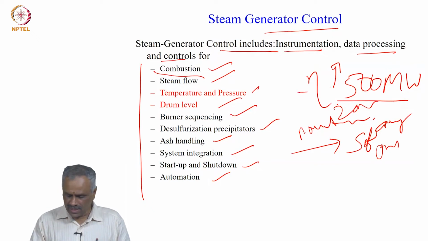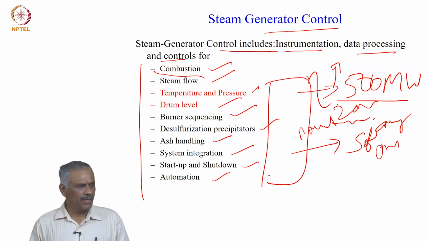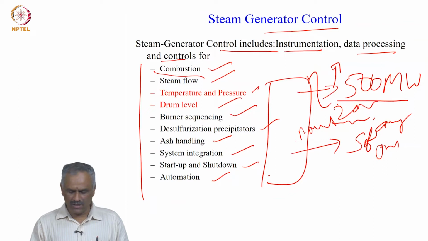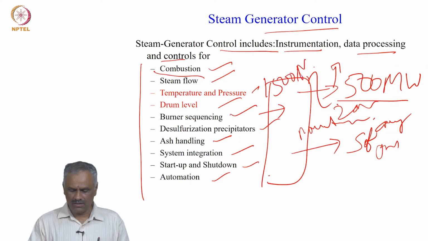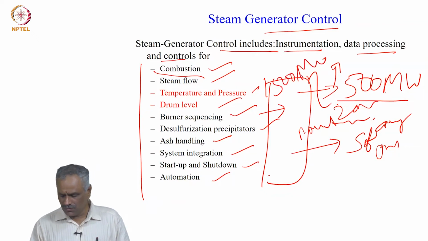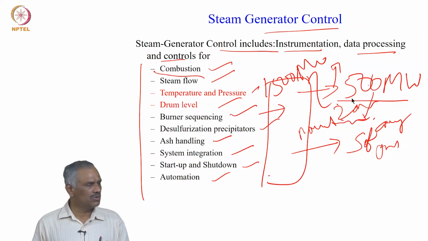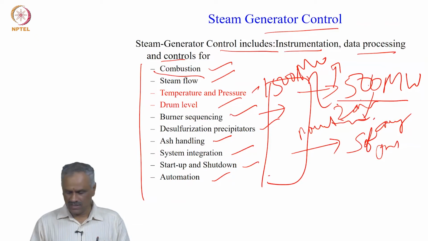But this heat which is coming from the boiler, this is a boiler. See, if this is 500 megawatts, the boiler should produce about 3 times the heat, about 1500 megawatts of thermal heat it should produce. Suppose this load comes to 20 megawatts, 500 to 20 megawatts means about how much percentage?